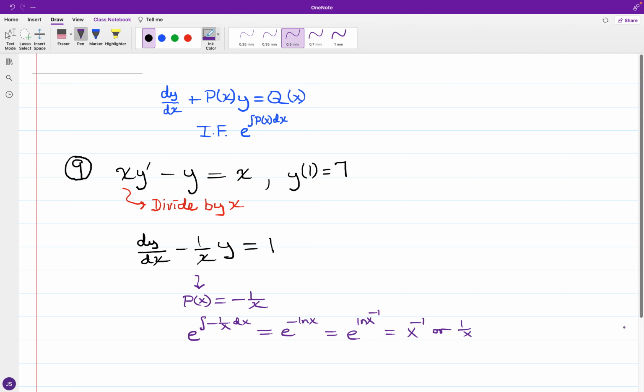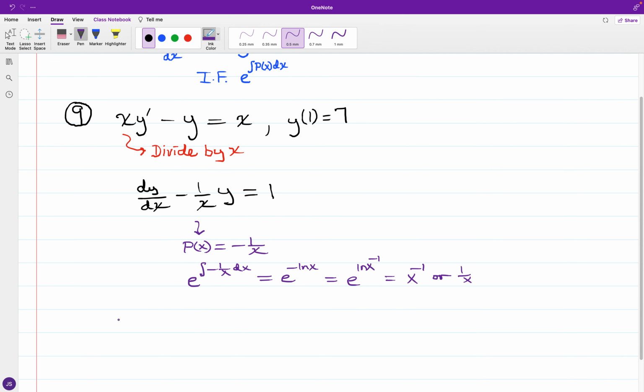And multiplying the standard layout by 1 over x, we have 1 over x dy over dx, and we'll have minus 1 over x times 1 over x, so minus 1 over x to the second, and it is equal to 1 times 1 over x, so we have 1 over x.